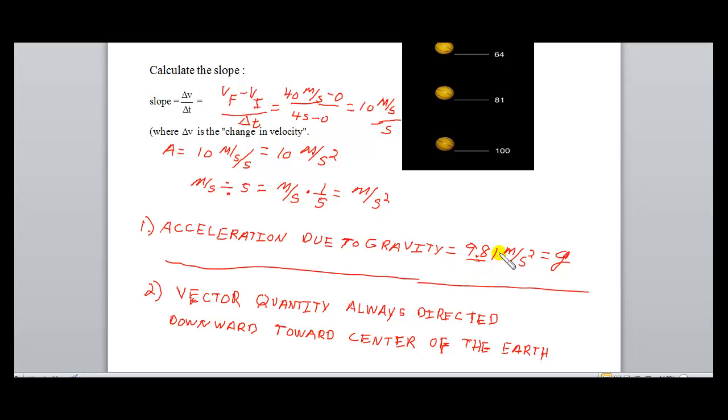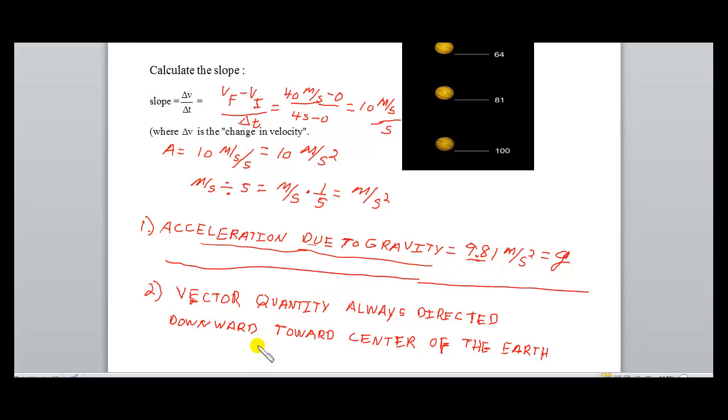And this number is so special that it has a special symbol. Just like pi, 3.14, has a special symbol for that number, the acceleration due to gravity has a special symbol, and that symbol is g. Now, don't confuse this with gravity. Gravity is a force. G, in this case, is the acceleration due to gravity. And it's a very specific value here on Earth.